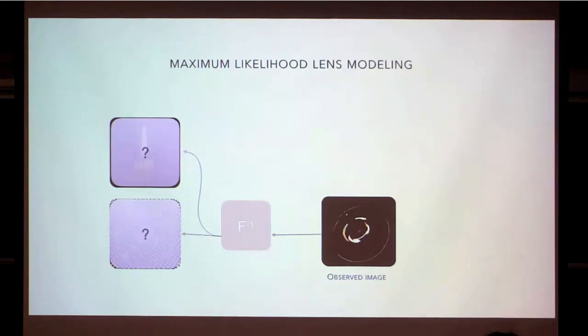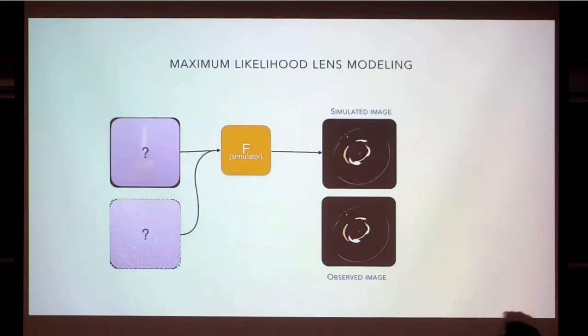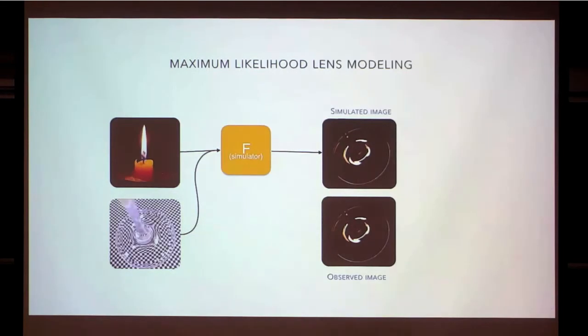We solve this by something called lens modeling, or maximum likelihood lens modeling, where I simulate a lot of lenses and compare them against the observation, and if one really looks like my observation, I declare that I found the correct parameters.